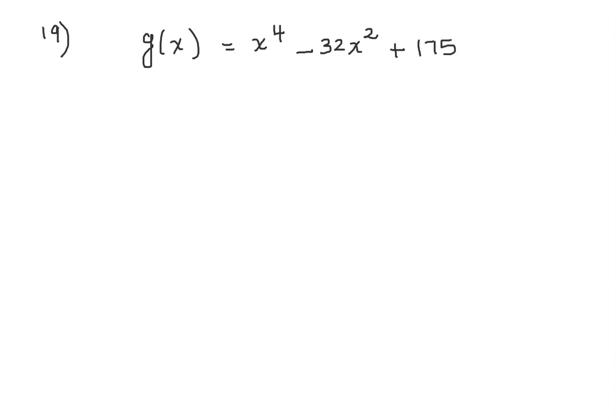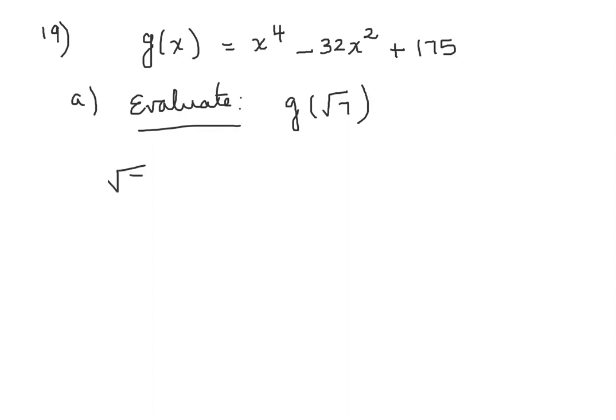So part A, we have to evaluate g of square root of 7. So you can put square root of 7. And this one, x to the power 3 is missing, so put 0. And then x squared. And again x to the power 1 is missing, so I'm putting 0.